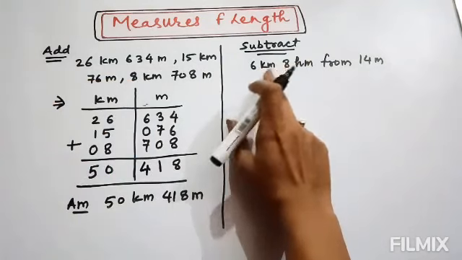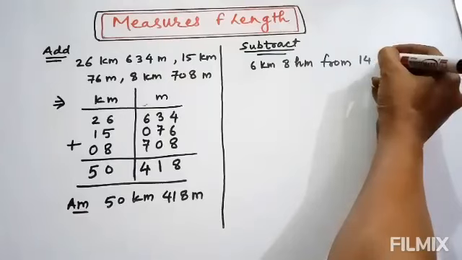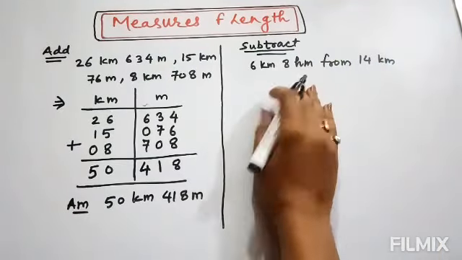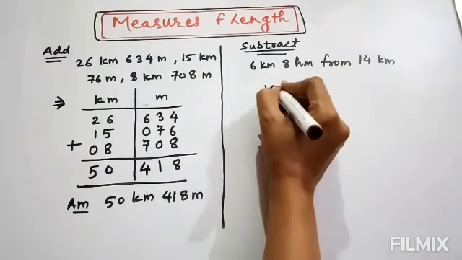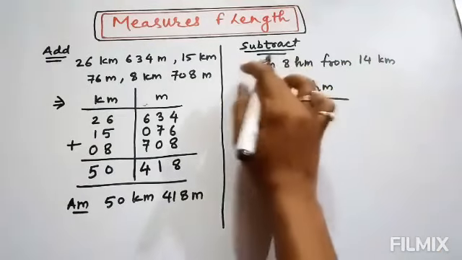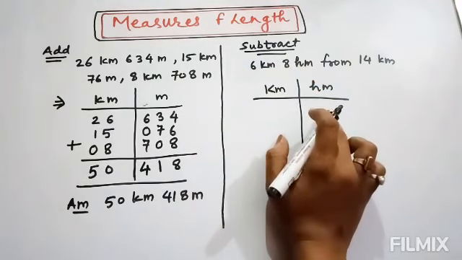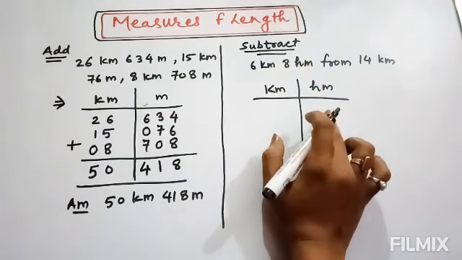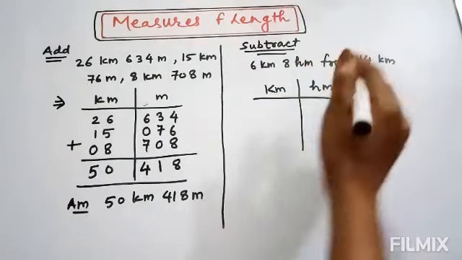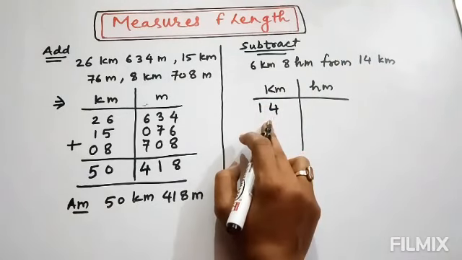Here 2 units are given, kilometer and hectometer, so we will write the columns kilometer and hectometer. Kilometer is greater than hectometer, so first we will arrange the numbers as per the bigger unit. 6 kilometer is given here and 14 kilometer is here, so we will write 14 first in the kilometer column.